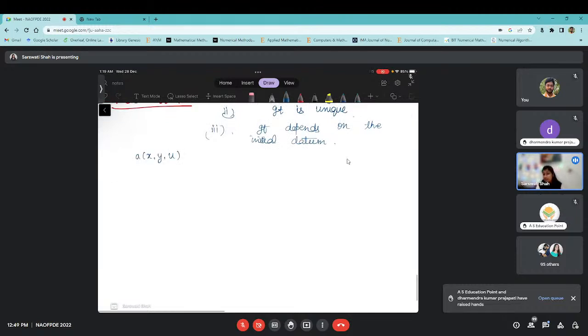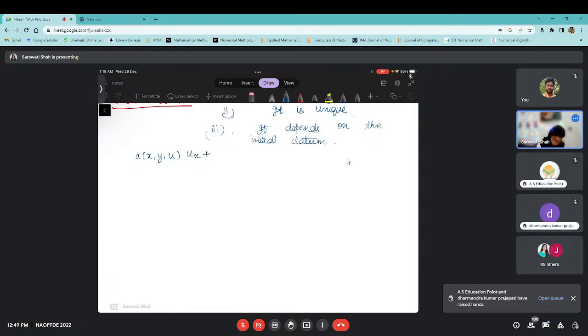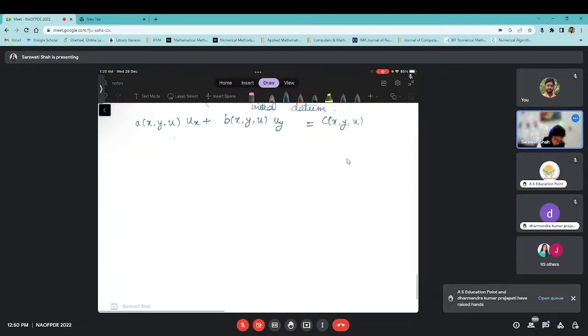Next, I am going to discuss the solution of a typical first order hyperbolic PDE, a Cauchy linear or semi-linear PDE, which is basically different from linear, with the initial condition u(x, y), where y is also a function of x.